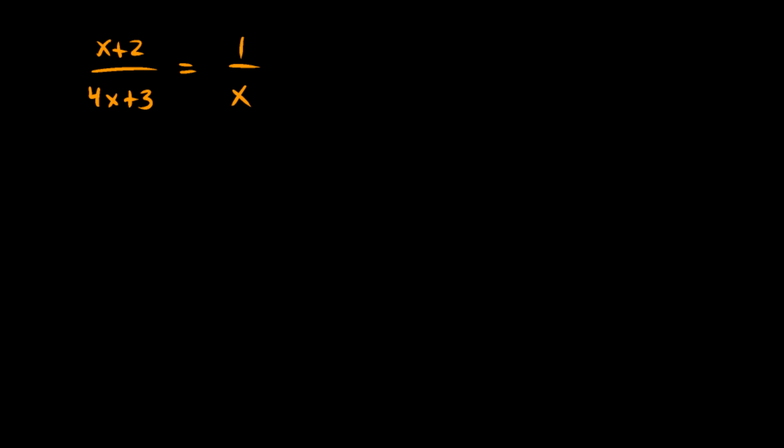So now we solve. We can look at the extreme mean ratio here. A little less eloquent way of putting it would be cross multiplying. So x plus 2 times x would be x squared plus 2x, and then the 1 times 4x plus 3 is 4x plus 3.